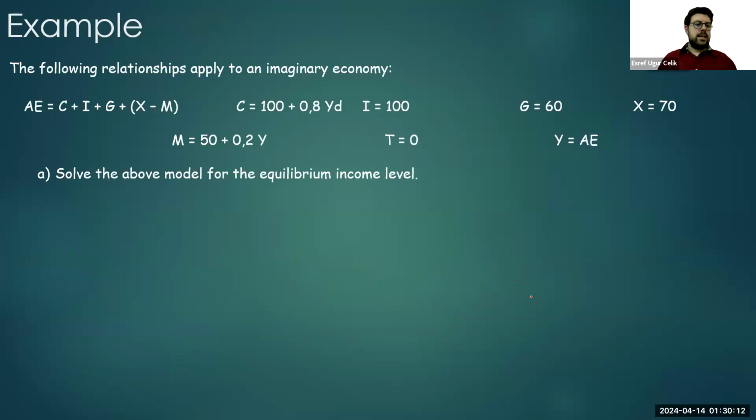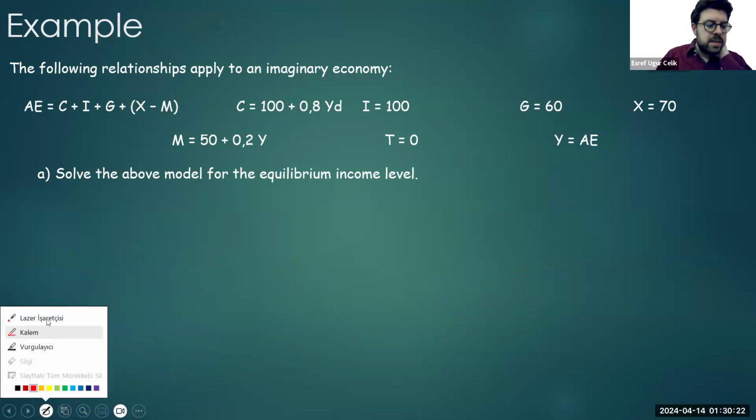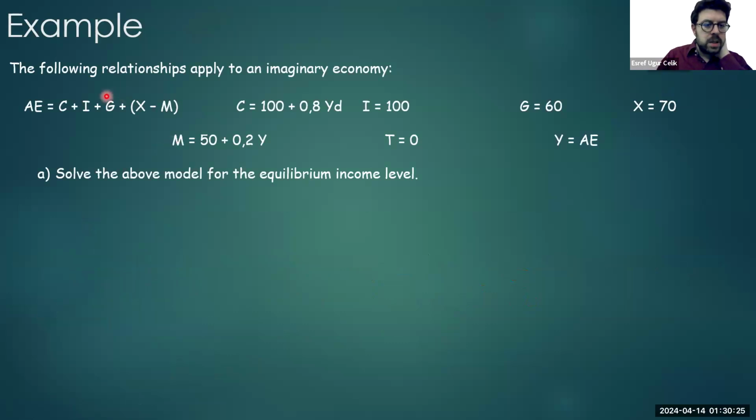Okay, I think it's the last example. I take the laser for solving. I said imaginary economy, but this is the open economy. How can I understand? By looking at that part.